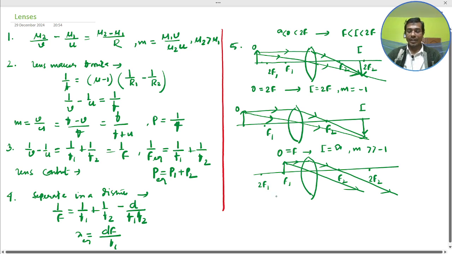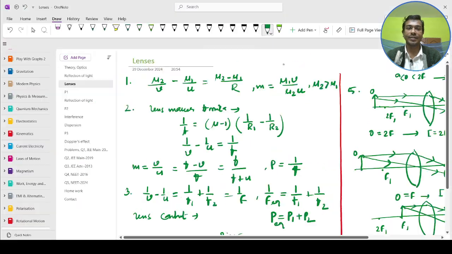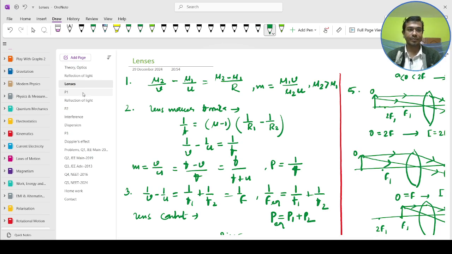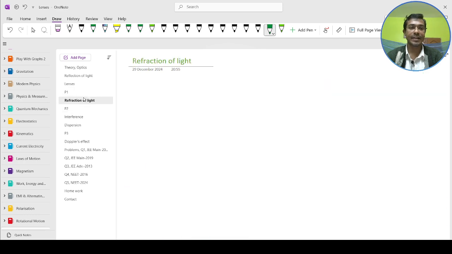So these are the lens ray diagrams, and we now just go ahead to our next topic, the refraction at plane surfaces.